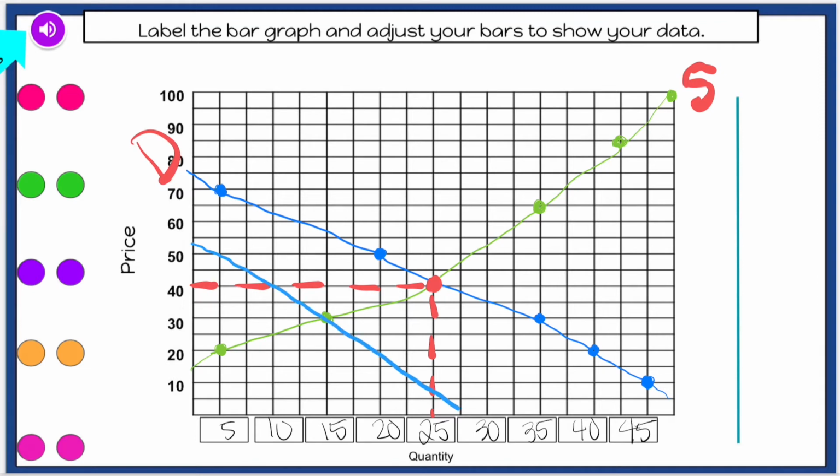And remember, demand decreasing is always going to move to the left. So here's our new equilibrium price. I'll put it in a different color, pink. Our new equilibrium price is now $30, where it was $40.